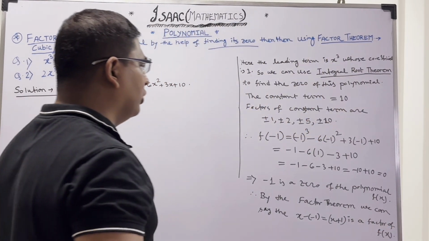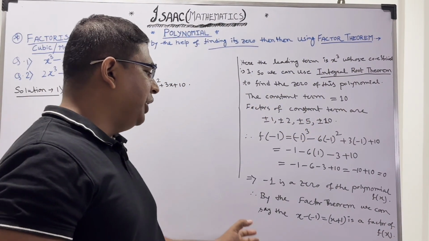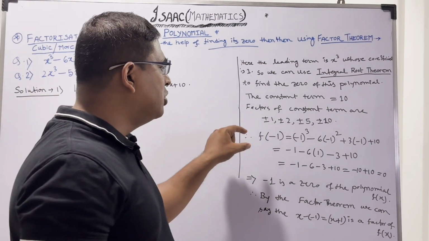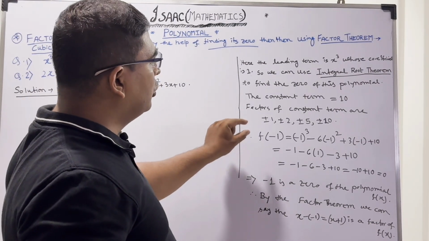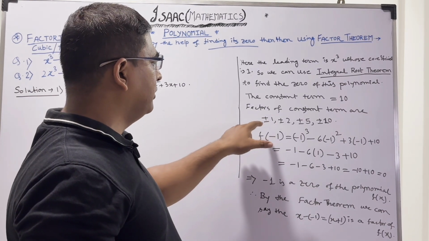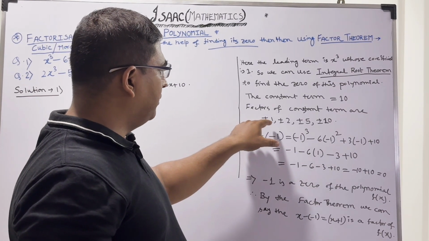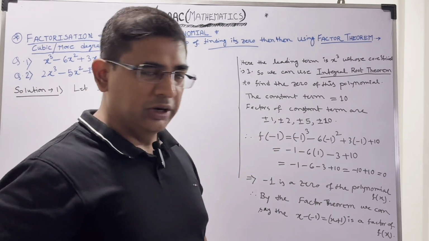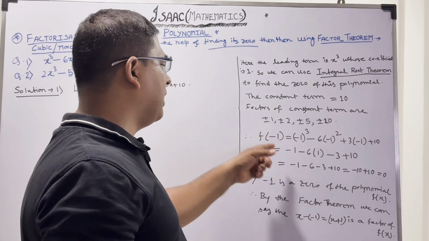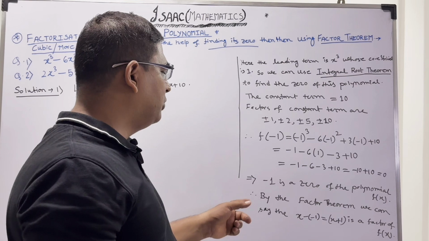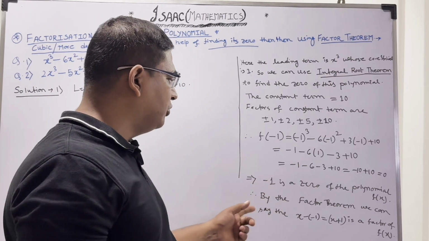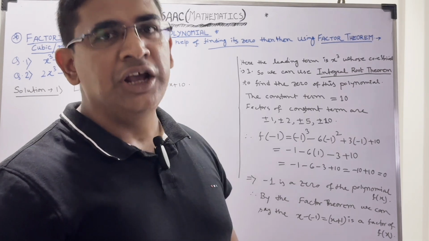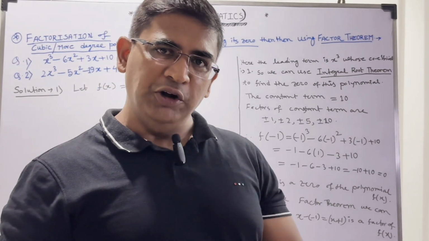Okay. So this is the way by which we can find one of its factors. Here we will choose those values from these factors which will give 0. So here f of minus 1 equals 0. That is why minus 1 becomes a zero of this polynomial, and by the factor theorem we get x plus 1 is one of the factors of this polynomial f of x.